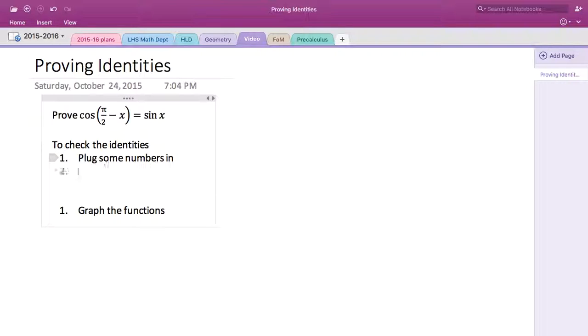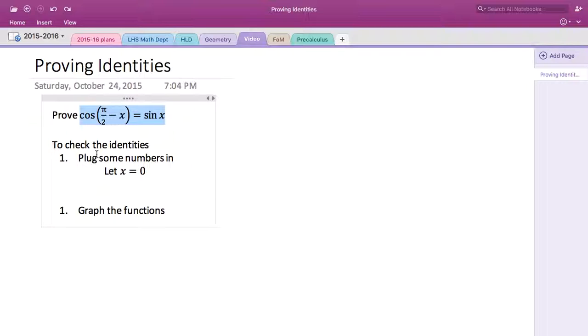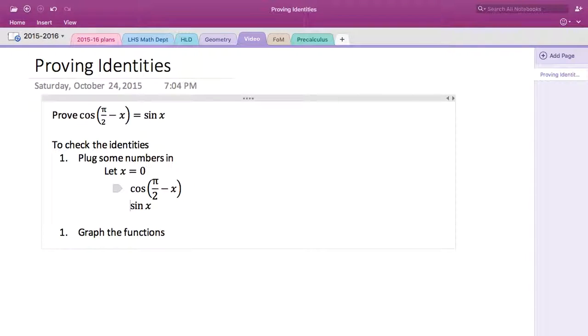So first, let x be 0 and plug it into the equation. Let's look at the left side and right side separately. What's cosine of pi halves minus x, which is 0 now?